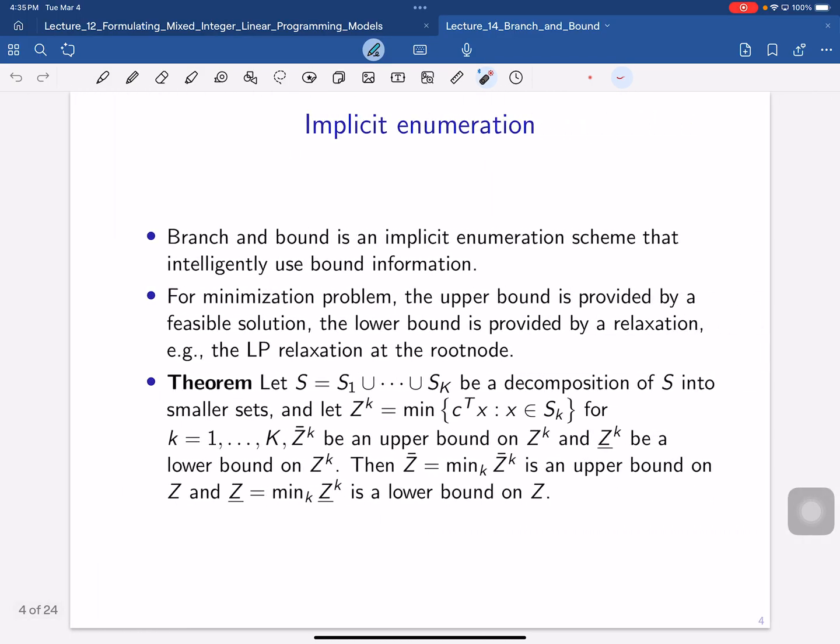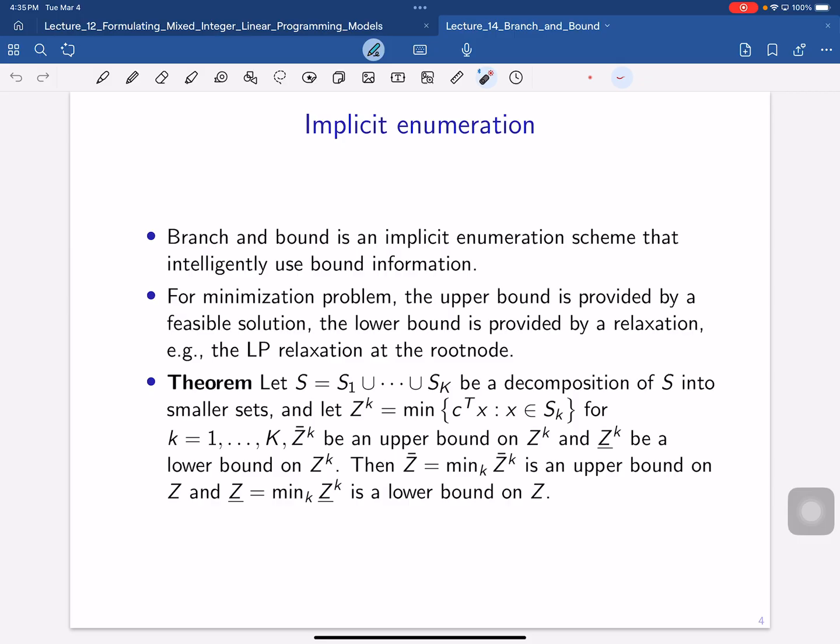So branch and bound is like an implicit enumeration scheme. Instead of doing explicit enumeration, you perform some implicit enumeration, making sure that you do not skip any potential optimal solution. In a branch and bound method, what is an upper bound and what is a lower bound?